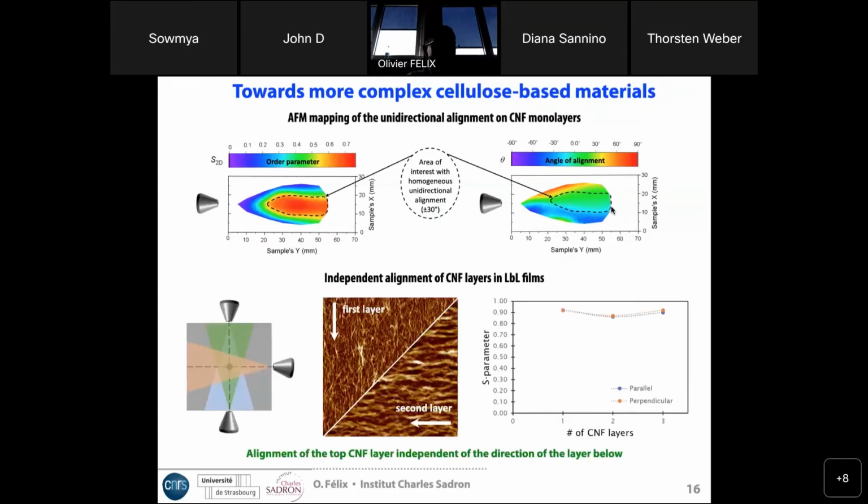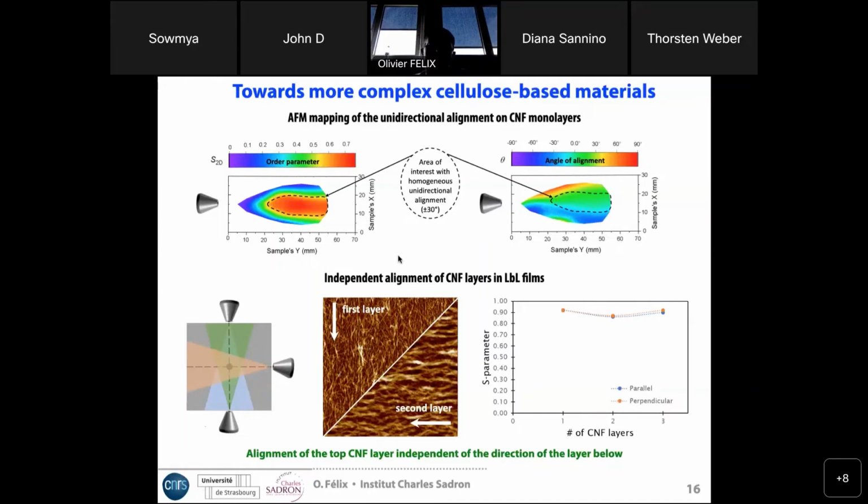The other important parameter to verify is, as we will rotate to make the helical structures, we need to verify that the layer that you want to deposit is not influenced by the orientation of the layer that is below. And that's what we did here. That means we sprayed films in two directions, parallel, or parallel and perpendicular.